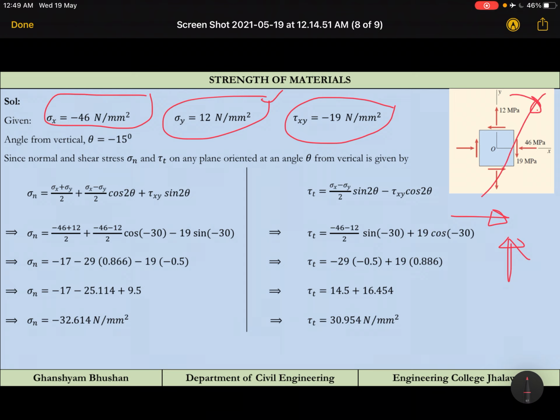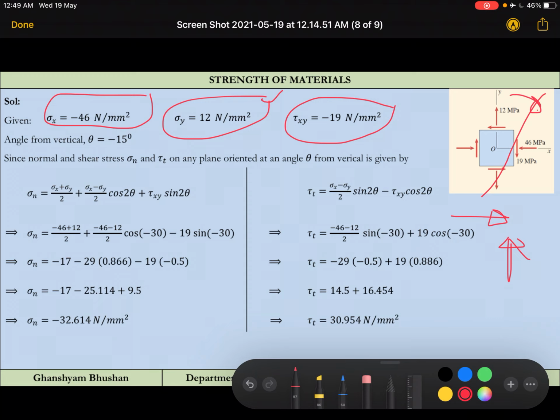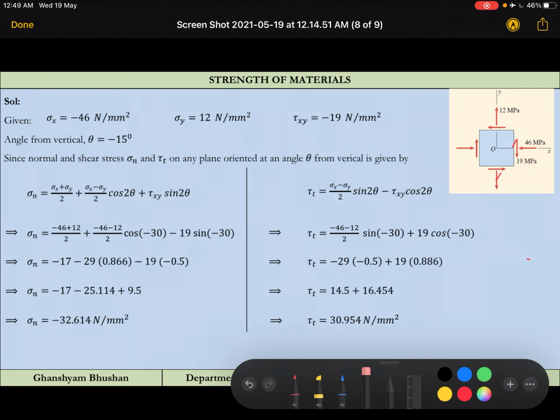So we have found all the values, we have compared from the initial diagram for which we derived our equations, and we have found that sigma x, sigma y, tau xy and theta are coming out to be these values. Minus 46 is sigma x, 12 is sigma y, tau xy is minus 19 and theta is minus 15. Just put all the values with sign and rest is done by your calculator.